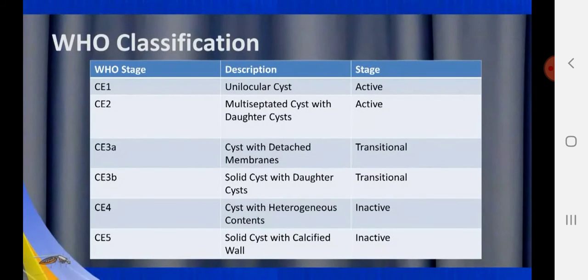Both of these stages are considered early stages when the parasites are active. WHO stages CE3A and CE3B represent cysts with detached membranes and daughter cysts, respectively. These stages are transitional ones between live and dead cysts.